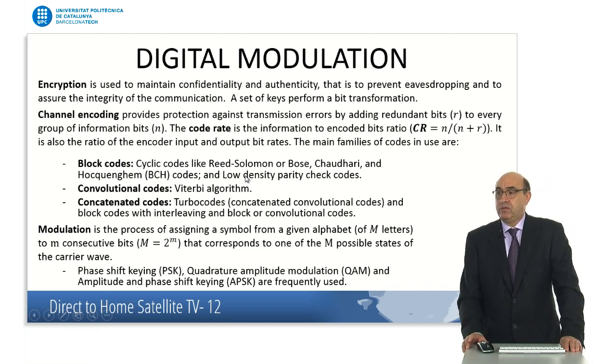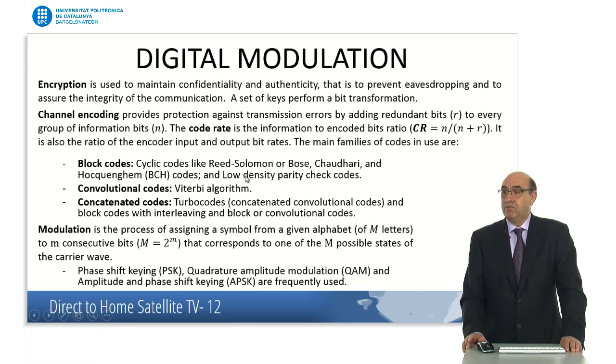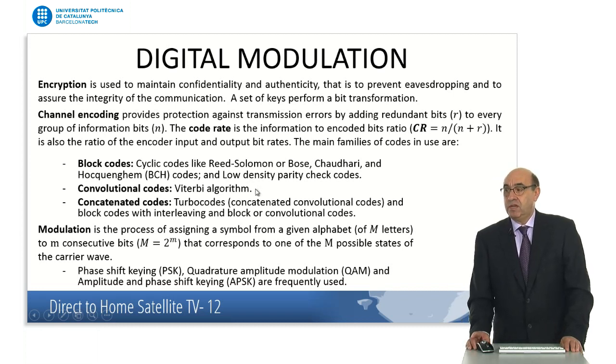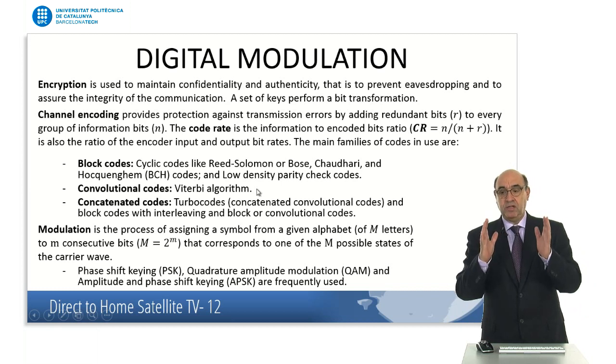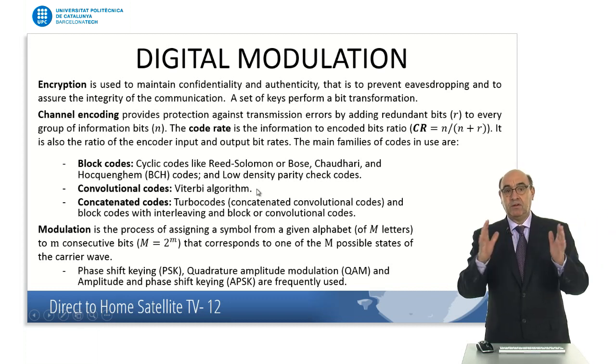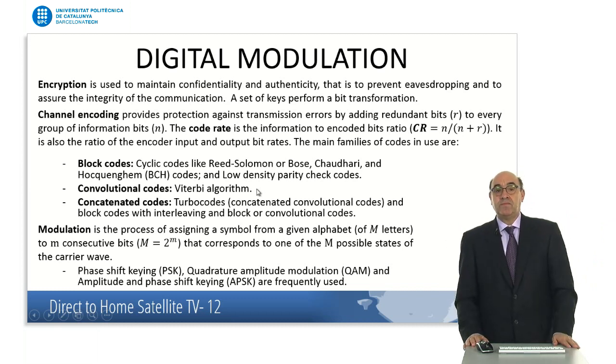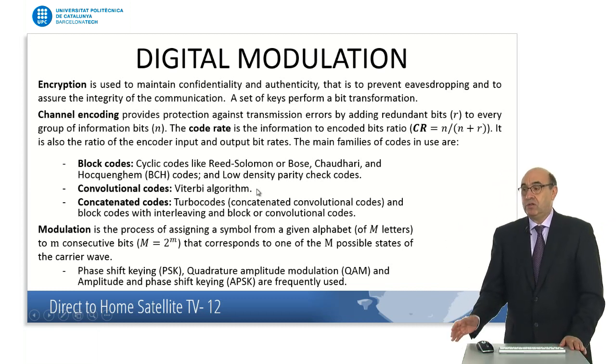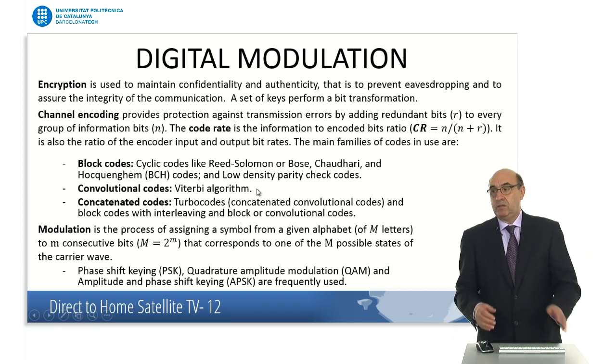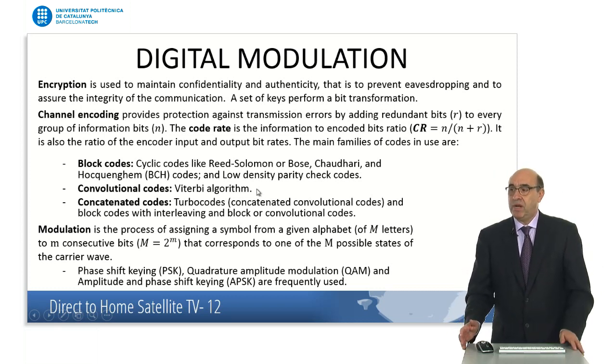There is also a different scheme of encoding, which is, instead of working on a set of fixed number of bits, we just keep a convolution. We convolve the train of pulses that are going into the process. And those codes are normally called convolutional and depend on the rate and some other parameters.